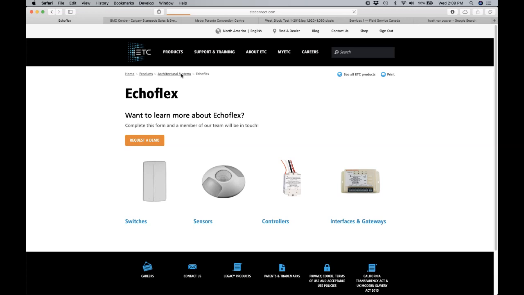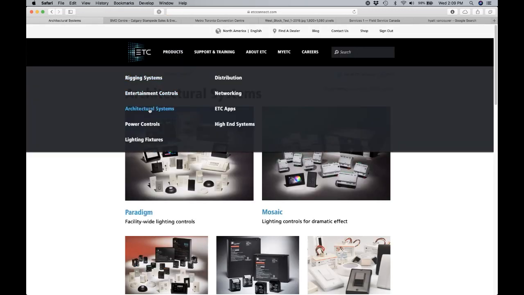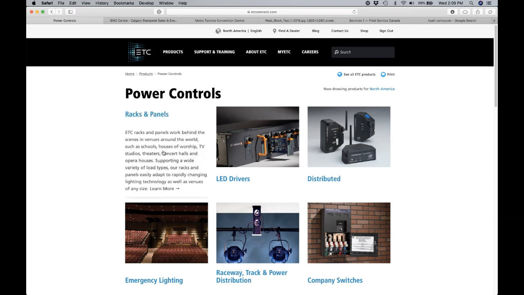The bulk of the power controls are housed under power controls under the website here. So you go products and power controls. You're going to find that it is derived and divided up into some major sections. So racks and panels being our load-based systems, our mains fed relay, dimmer rack, and remote automated breaker systems.